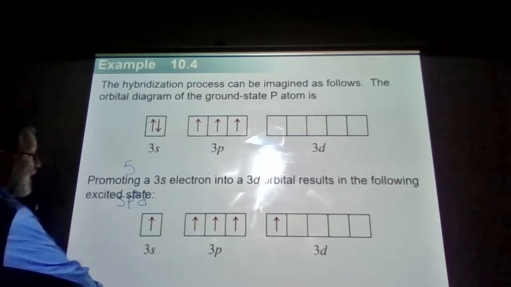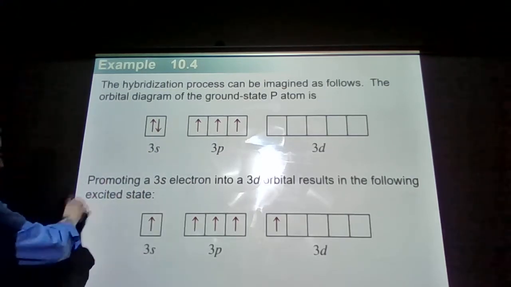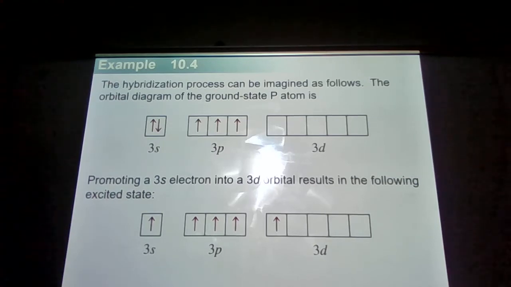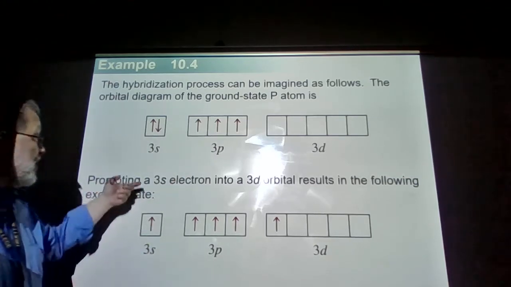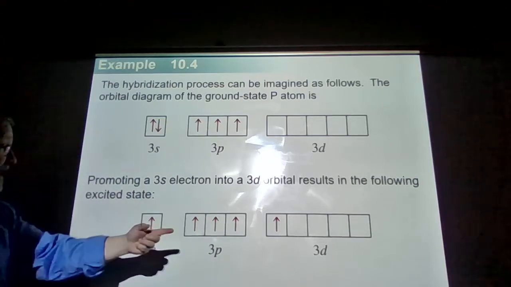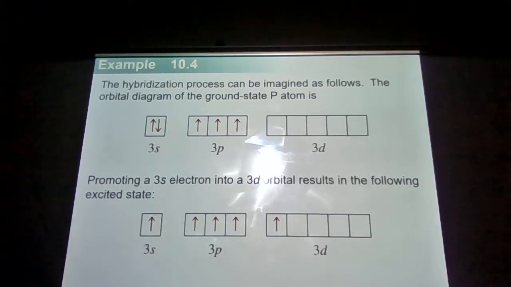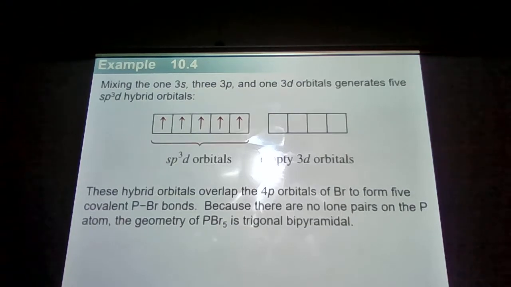So phosphorus starts out as 1s2, 2s2, 2p6, 3s2, 3p3. It promotes an electron up from the s to get into the d. That gives us the 5 orbitals where we can pair with an electron from the bromine.